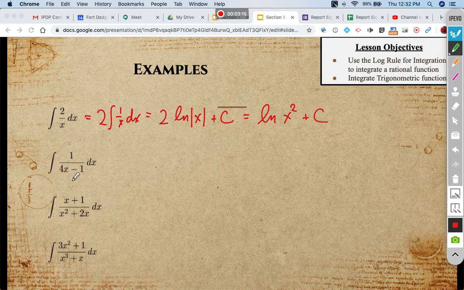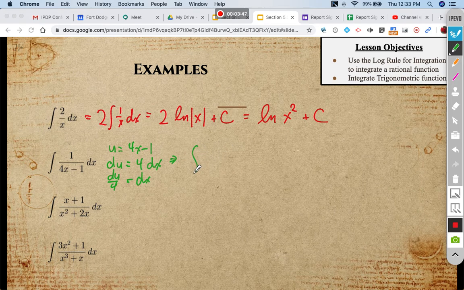So on this next one, this is a 1 over a function. So we've got to think again and say, well, u is going to be 4x minus 1. du is going to be 4 dx. So dx is du over 4. We've got to look at that, because we don't have u prime over u.